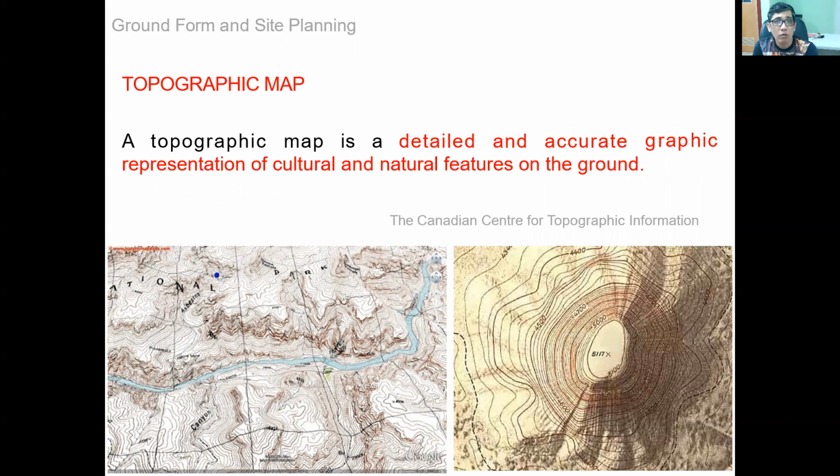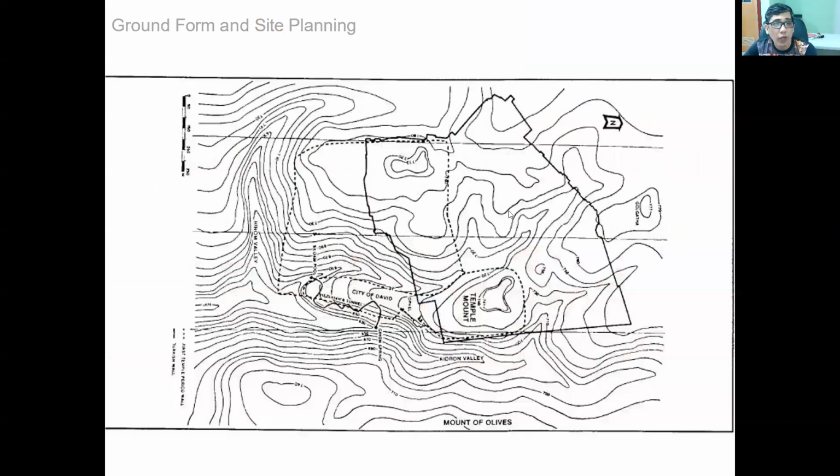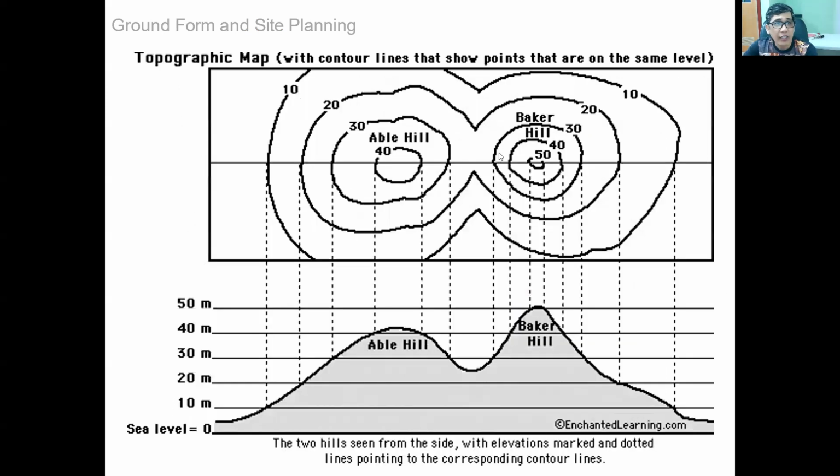So this topographic map shows the different contours or the slopes of the site, and it can also show the difference in height from the sea level.